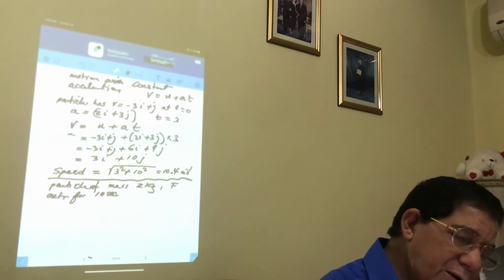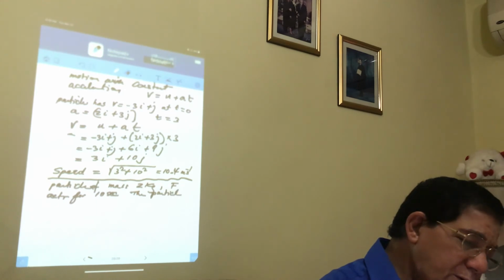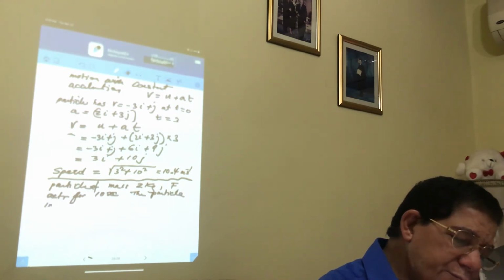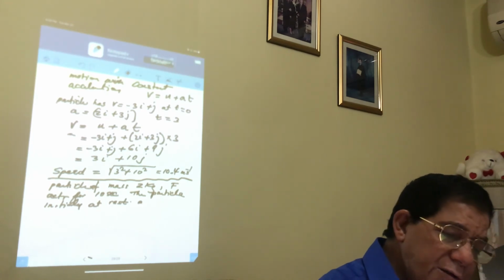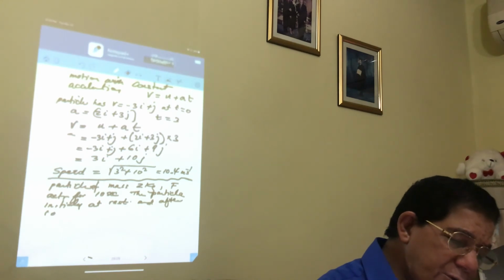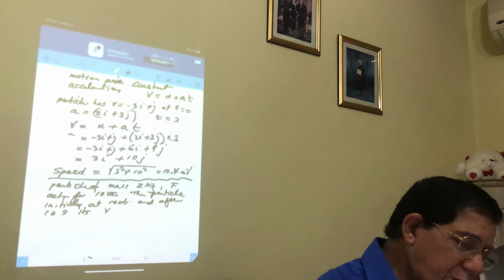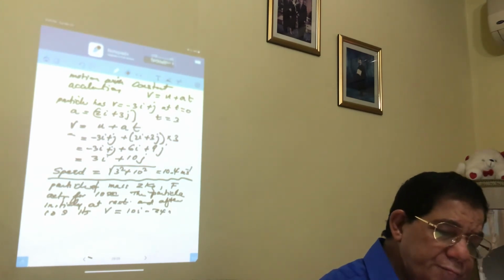The particle is initially at rest, and after 10 seconds, its velocity equals 10I minus 24j.